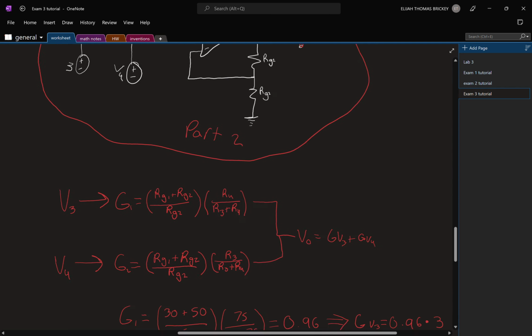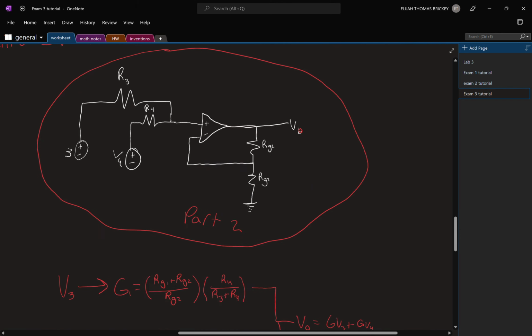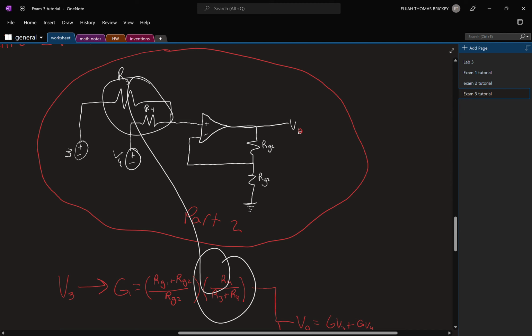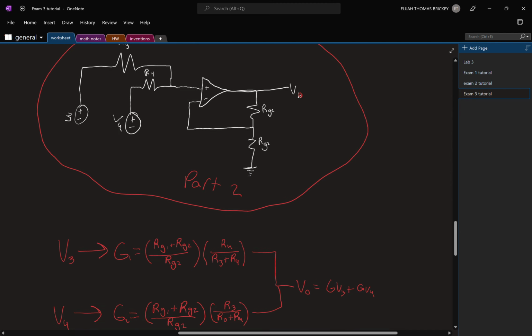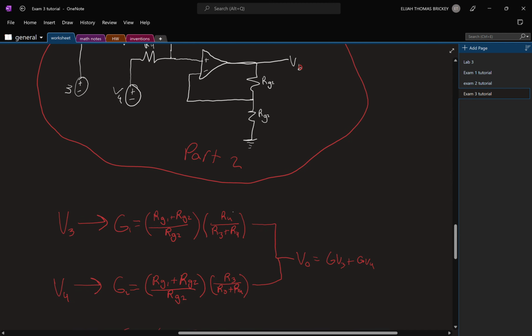Over here, it's a little bit more complicated. I have the voltage divider here, which ends up down here, multiplied by the voltage divider here, which ends up down here. Same thing, just switching out this value only between the two different gains.